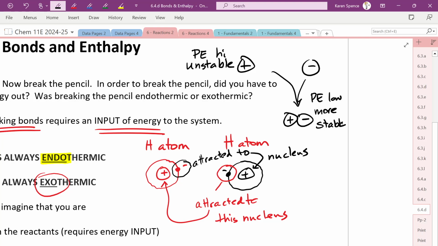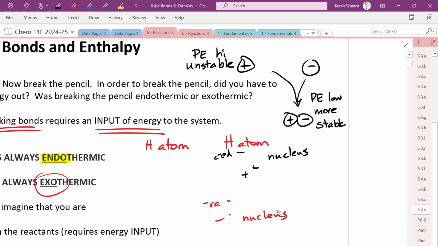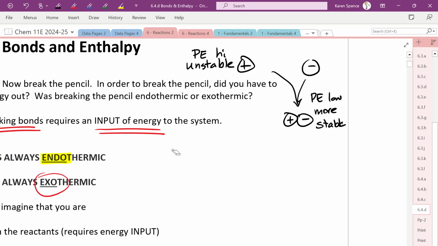I'm going to get rid of this little hydrogen atom, and I'm sorry I made you draw it. It is more complex, and we'll talk more about that during bonding. But there's a lot of extra forces going on there because there's nuclear repulsion, and there's electron repulsion, and you have to get the balance just right. But when you look at it with ionic bonds, cation, anion, it becomes very obvious that when they're close together, the potential energy has become lower.